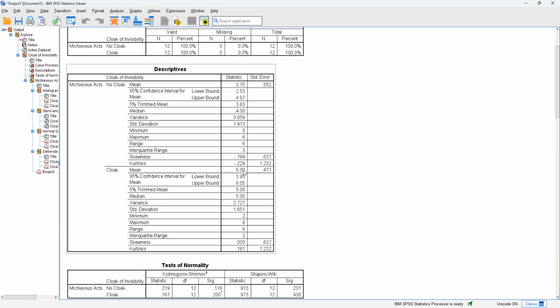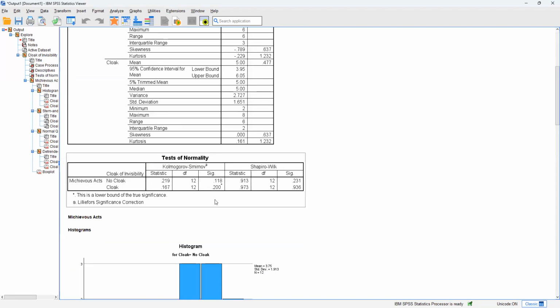The kurtosis for the no cloak condition is less than 1, so this divided by that is a fraction, and no problem there. In the cloak condition, we have a skew of 0, so there's nothing to divide by. There's no skew, and the kurtosis is also less than the standard error. So no issues there. We should see a normal distribution.